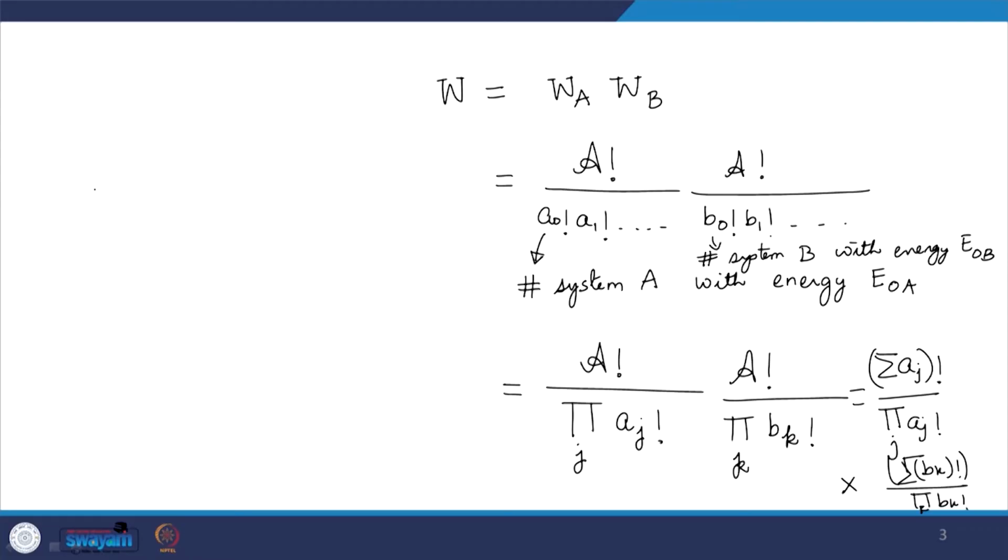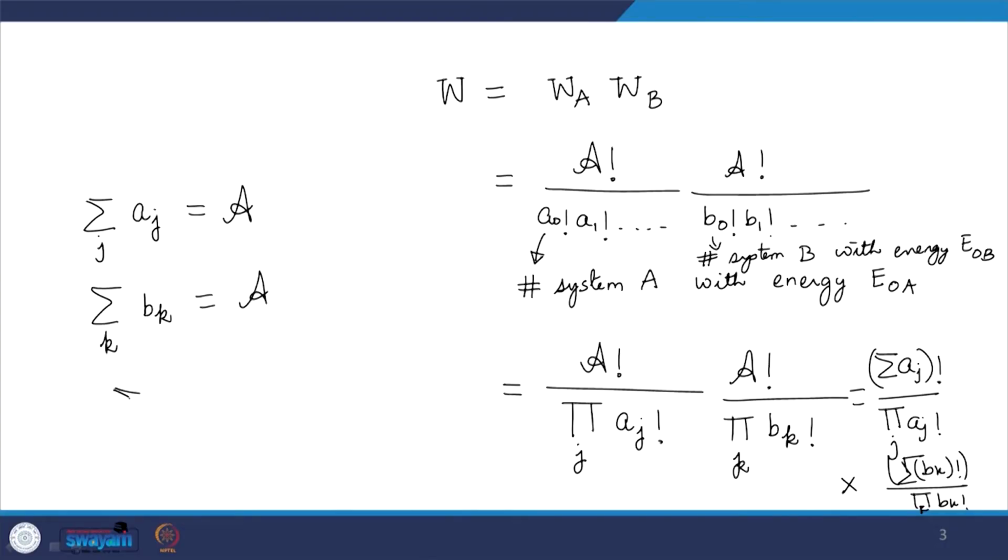Now there are certain constraints here. If I sum over the A_j's, this is equal to A, and if I sum over the B_k, that is also equal to A. But now, when I look at the energies, we have to add the energy of A and B, because they can exchange energies; although they cannot exchange molecules, they can still exchange energy.